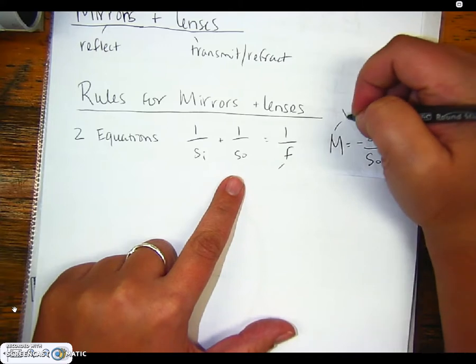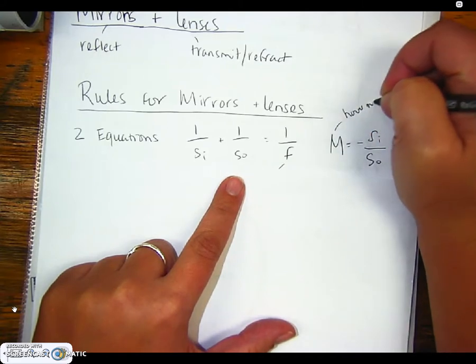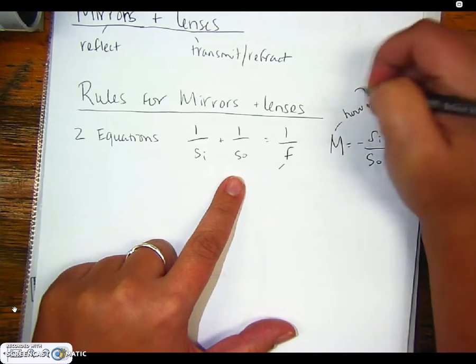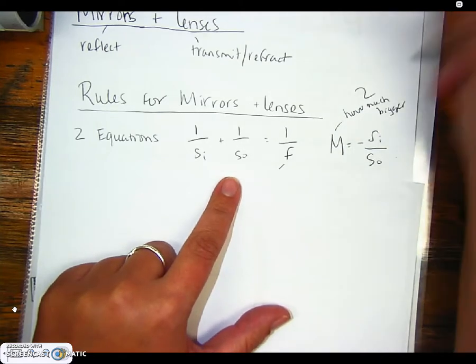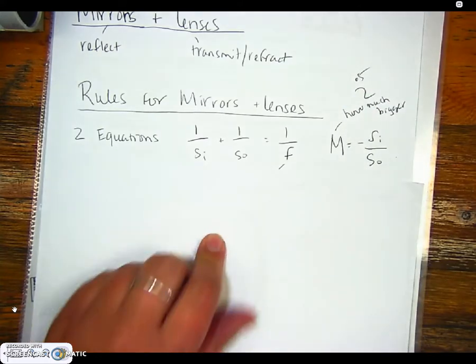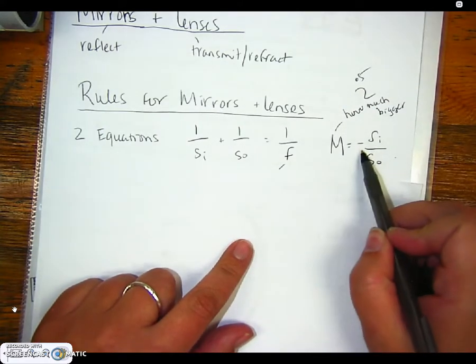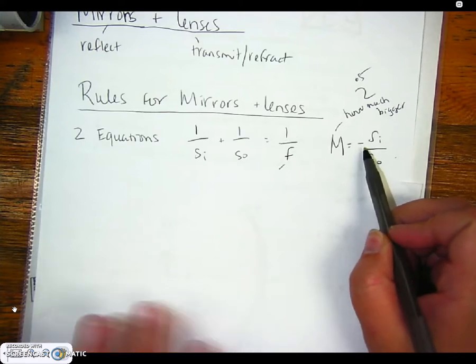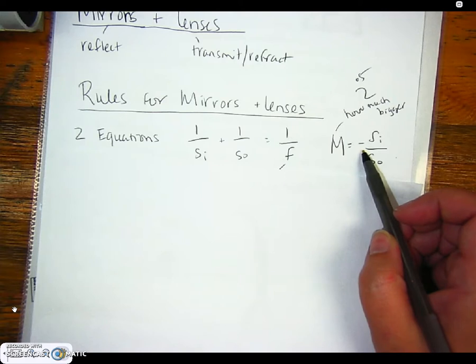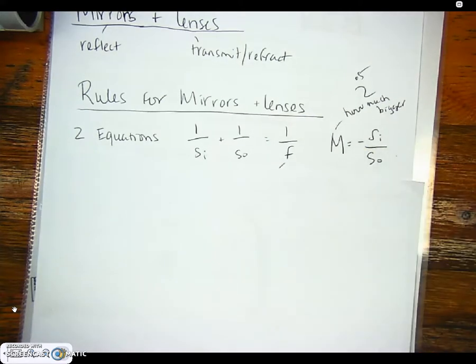Magnification means how much bigger it is. So if the magnification ends up being 2, it means it's 2 times bigger. If the magnification is 0.5, it means it's half the size, right? We'll also learn what the magnification sign means in terms of right side up or upside down, and real and virtual and all that.